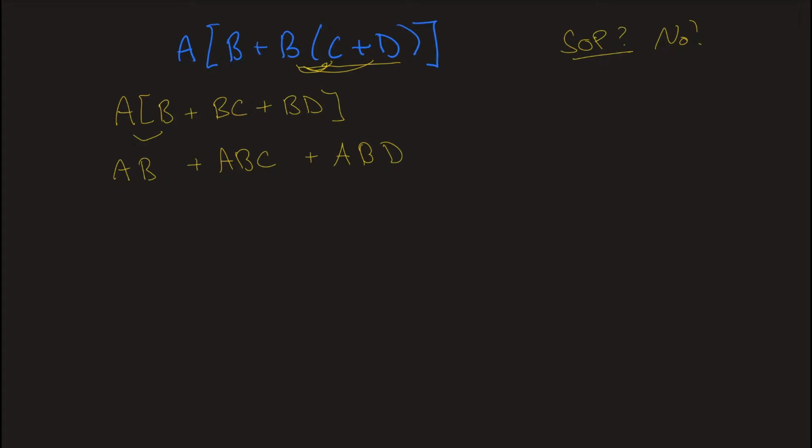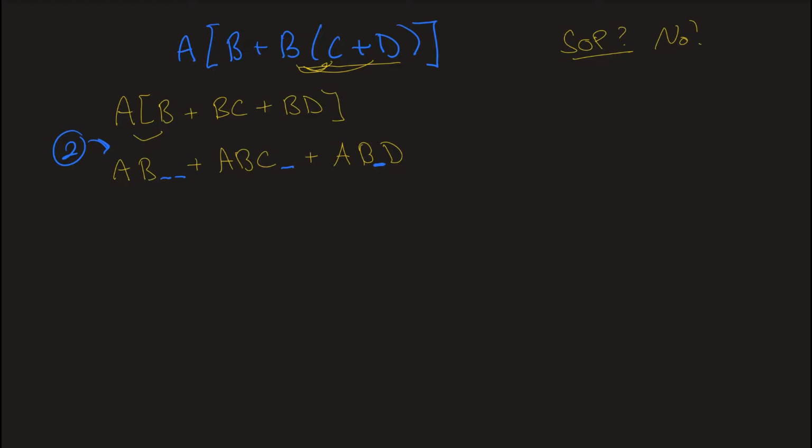So notice this one is missing C, and this one is missing D. This one is missing D. And this one here, notice it's missing C. Here's something really important. You have to keep them in the right order. So C is missing between B and D. Alright, we're missing two values here.